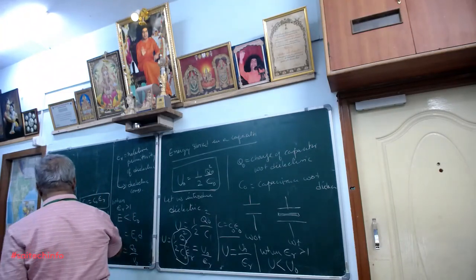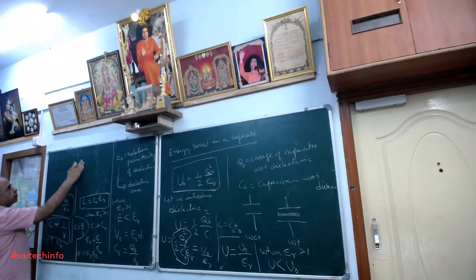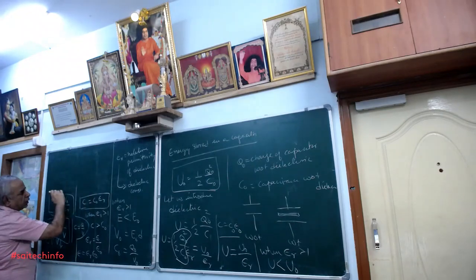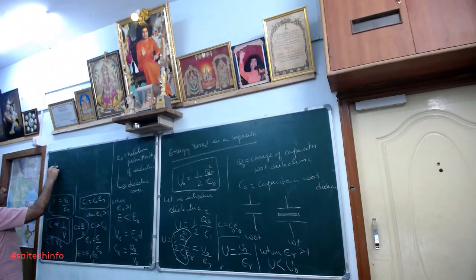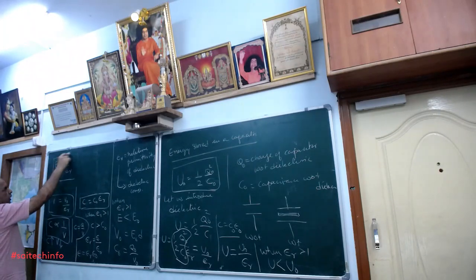What is that equation in terms of electric field? I already discussed. The relationship between epsilon R and E naught: E is equal to E naught by epsilon R.